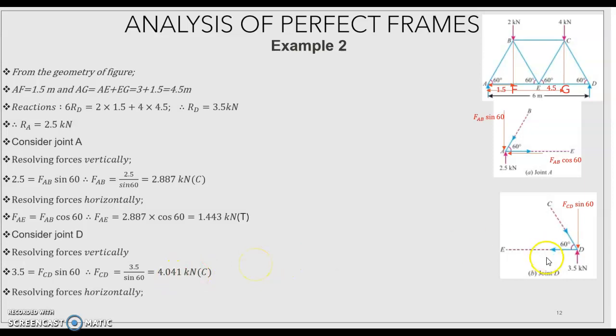Now resolving horizontally, the horizontal forces are FED and the horizontal component of CD, FCD cos 60. So equating, FED is equal to FCD cos 60, or FED is equal to 2.021 kilonewton tension.